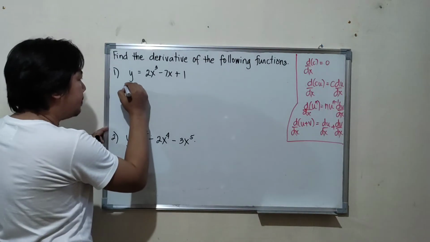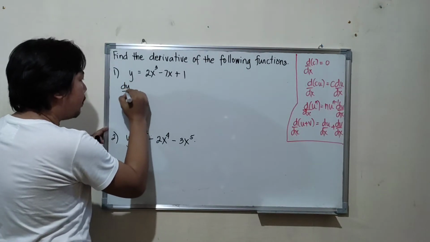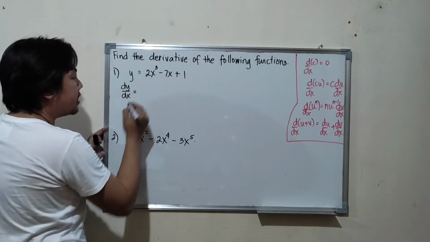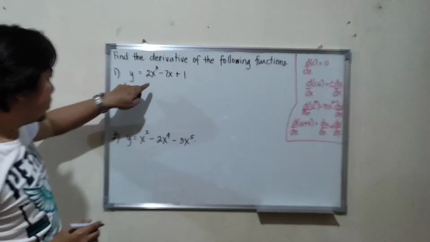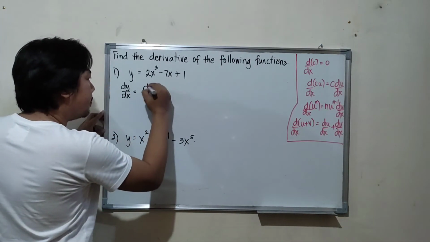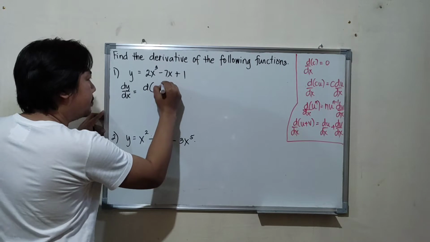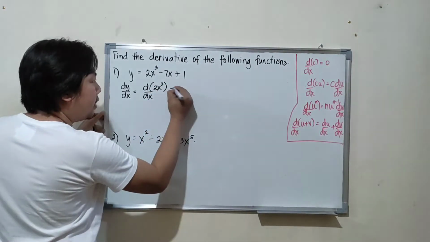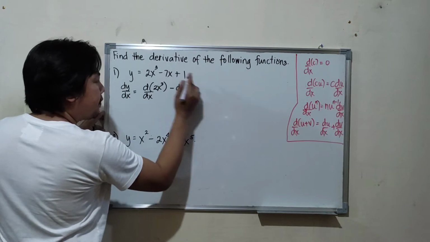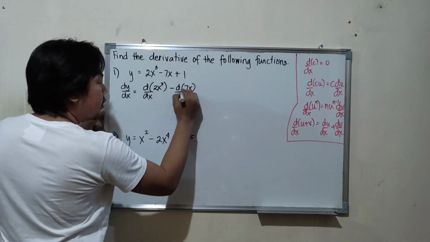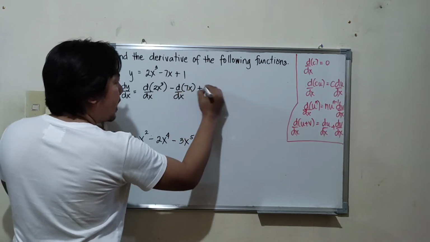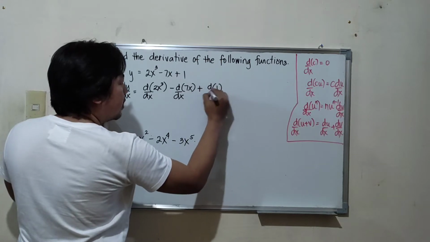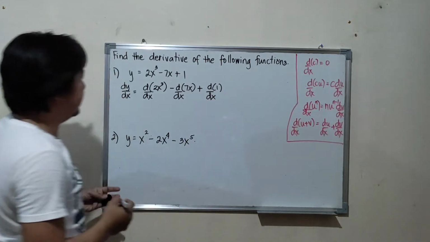So therefore, we have derivative of y with respect to x is equal to derivative of 2x cubed with respect to x minus derivative of 7x with respect to x plus derivative of 1 with respect to x.